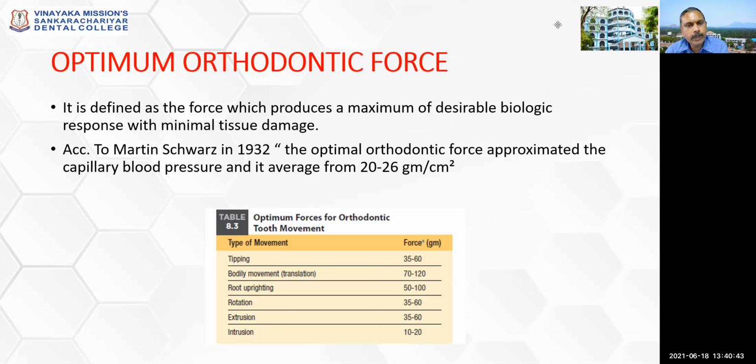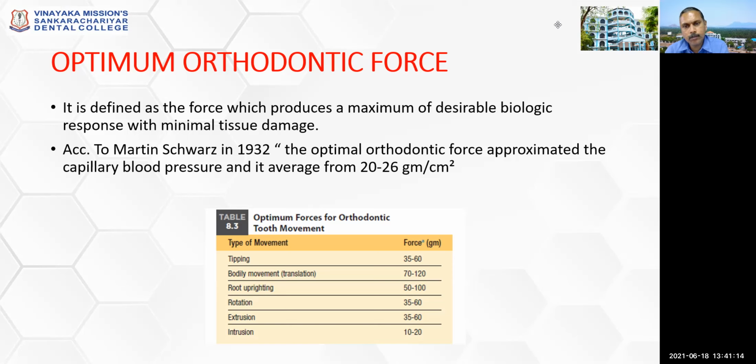With tipping being a very simple tooth movement, the optimum force is 35 to 60 grams. Whereas if you think about moving a tooth with the crown and the root moving together, simultaneously, that is translation, and it needs 70 to 120 grams of force.